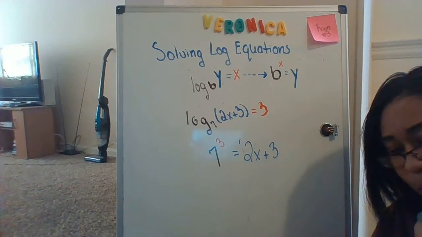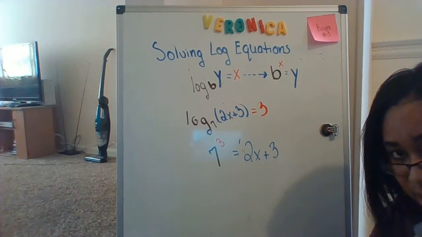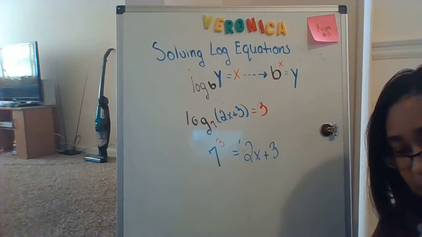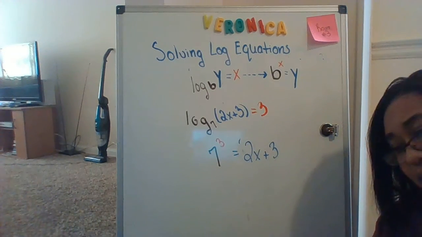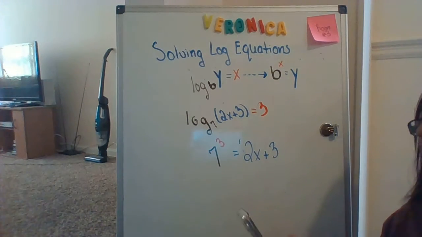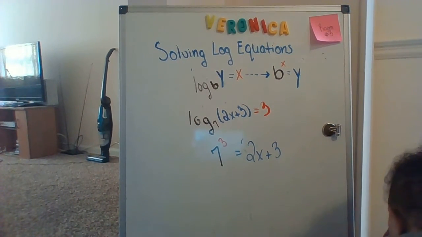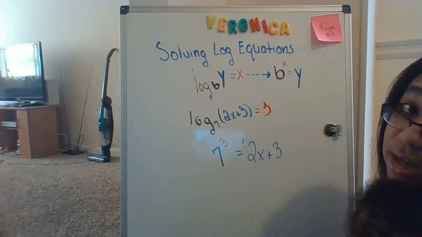So we're going to do 7 to the 3rd power. Heading over to our trusty calculators. They never let us down. If you're not sure what it is off the top of your head, it's okay. Veronica says the answer is 343.